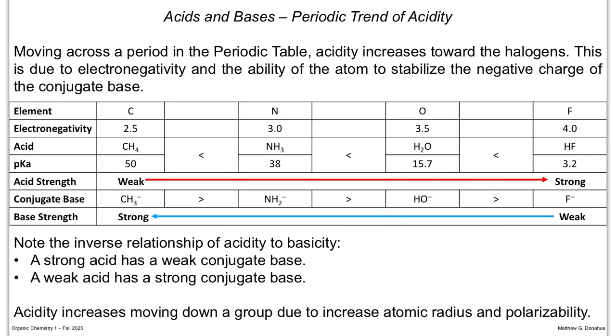So we'll look at some of the factors affecting acidity, and the first one's the periodic trend. In our first row here, we're just going to move across period 2 and look at those main elements: carbon, nitrogen, oxygen, and fluorine.